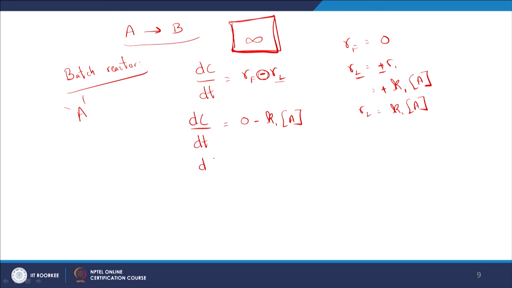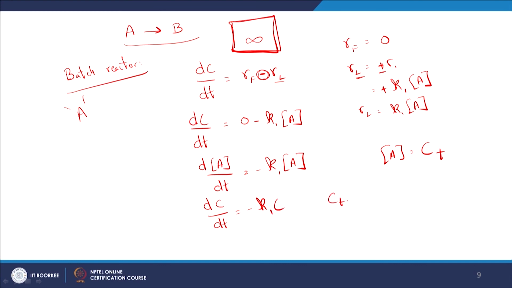So the change of concentration of A with respect to time, dC/dt, is equal to minus K1 times the concentration of A. If I say A is equal to C_t, then integrating, C_t by C naught equals e to the power minus K1 times t.